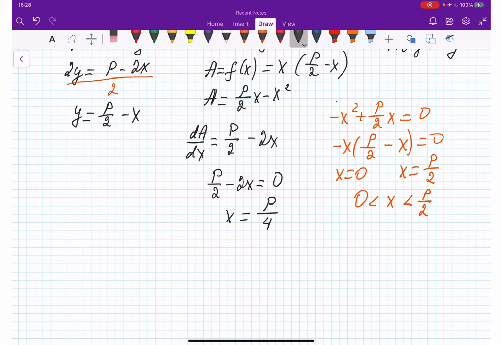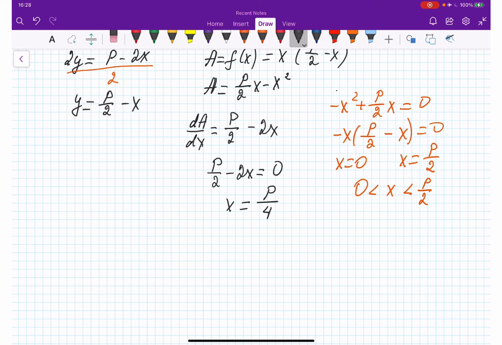And in fact, at the point P over 4, this derivative becomes 0. And it changes sign from positive to negative as x increases through P over 4.